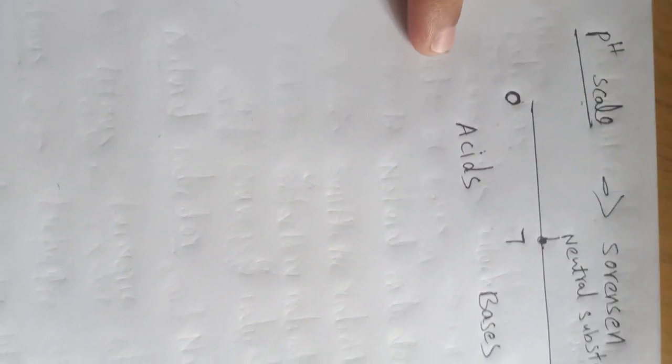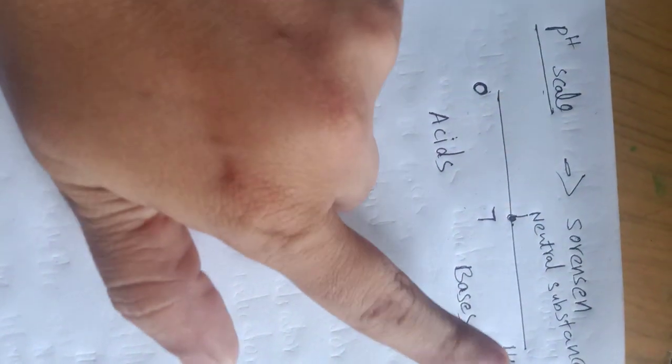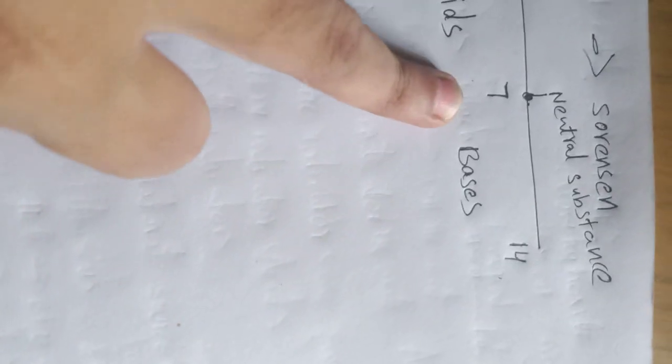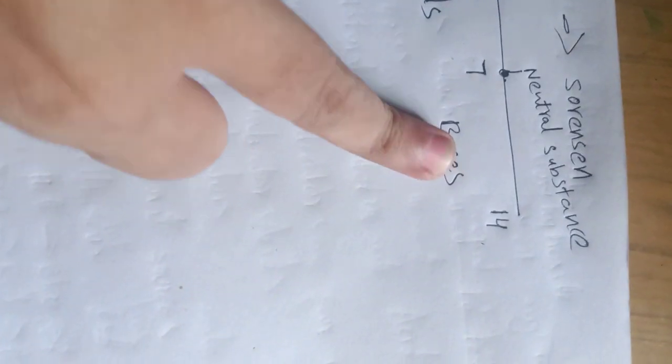The strength of acids or bases is measured on the pH scale, introduced by Sorensen, with a range from 0 to 14.